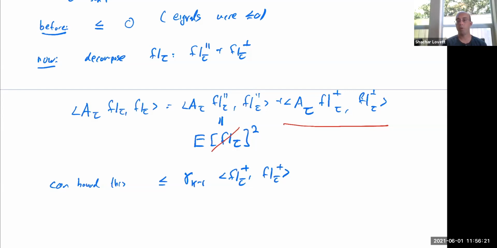We're just applying the bound again, trying to get a one-sided bound. Gamma k minus 1 is a maximum over all lambda 2 over all faces in level k minus 1. Take the worst one and apply it here.